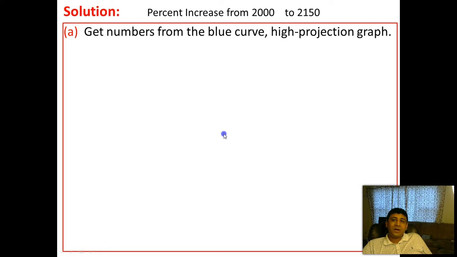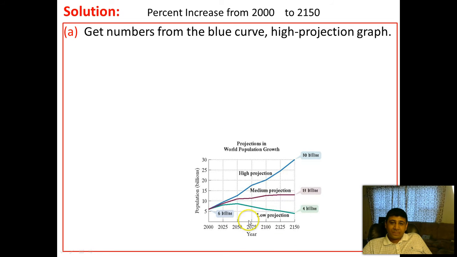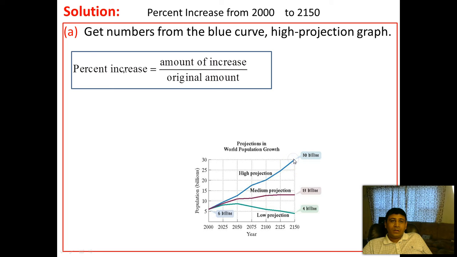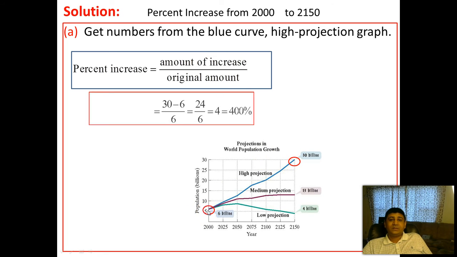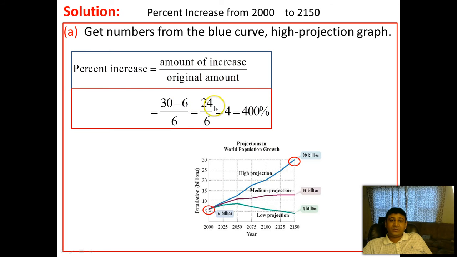Let's first do the first part using the high projection. The percent increase will be the amount of increase over the original amount. Here it is 30, here it is 6. So 30 minus 6, so the increase is 24. The original amount to start with is 6.